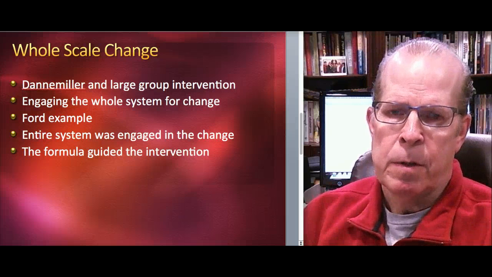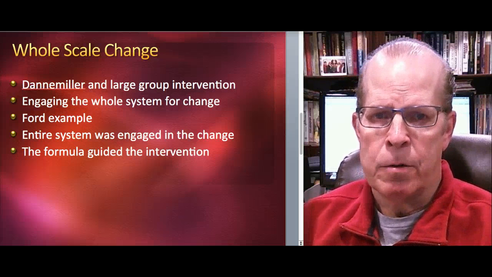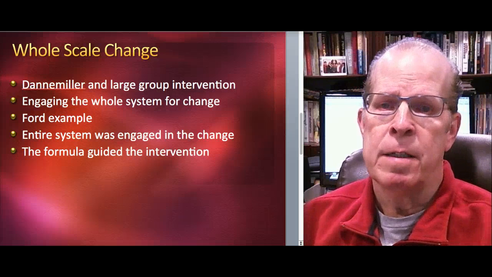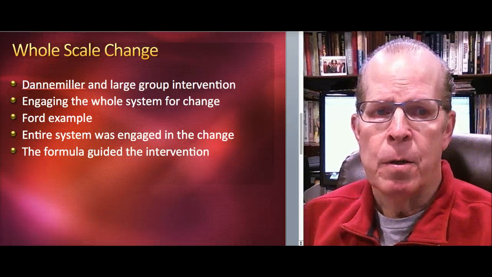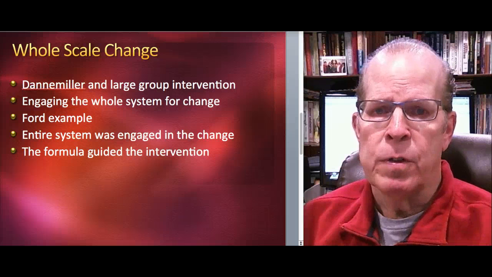Dannemiller was also one of the national leaders in what we call large group intervention. She liked to take the entire system off-site into a room to implement change. So she would engage the whole system for change.